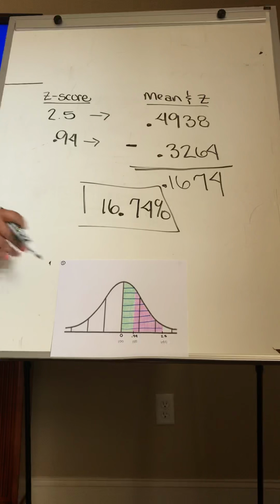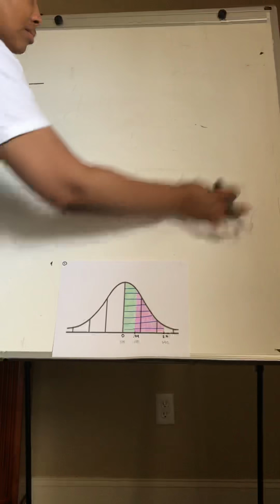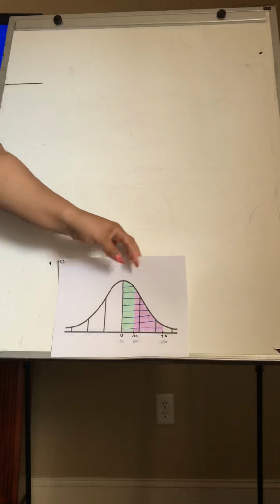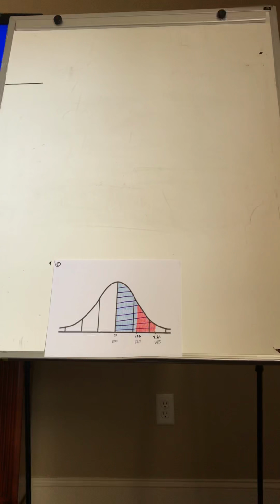Okay, let's go to number 2 for more examples. Number 2 says, use the same mean of 100 and standard deviation of 16.